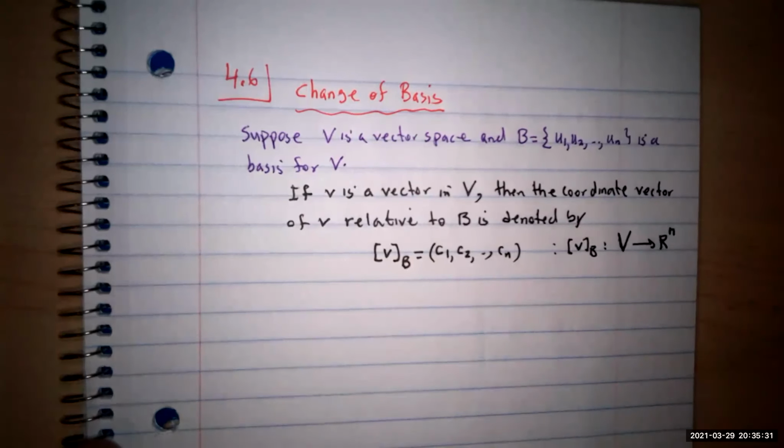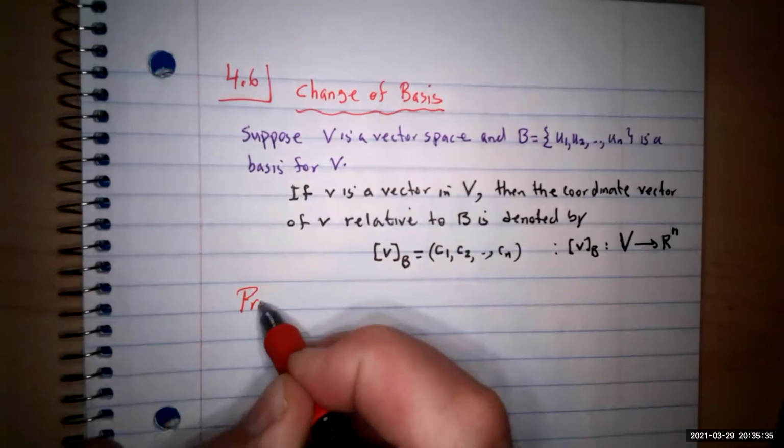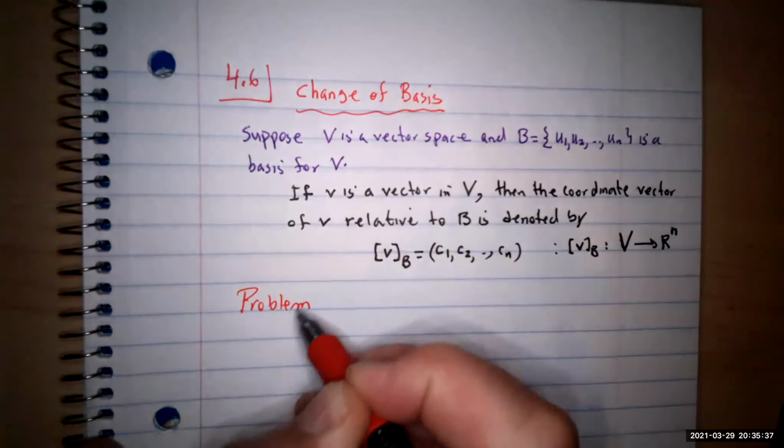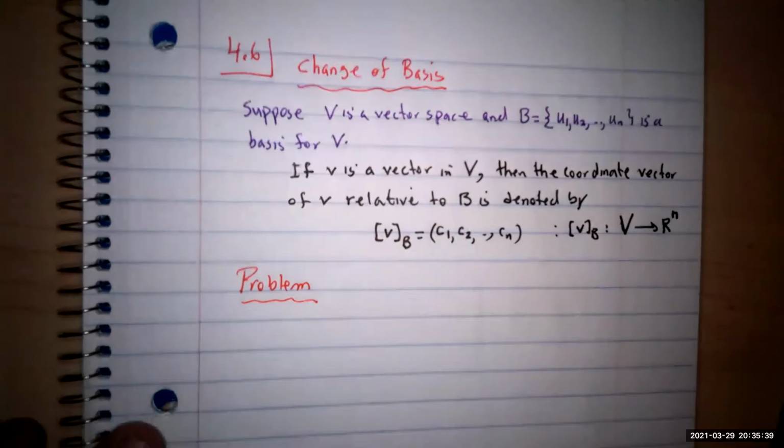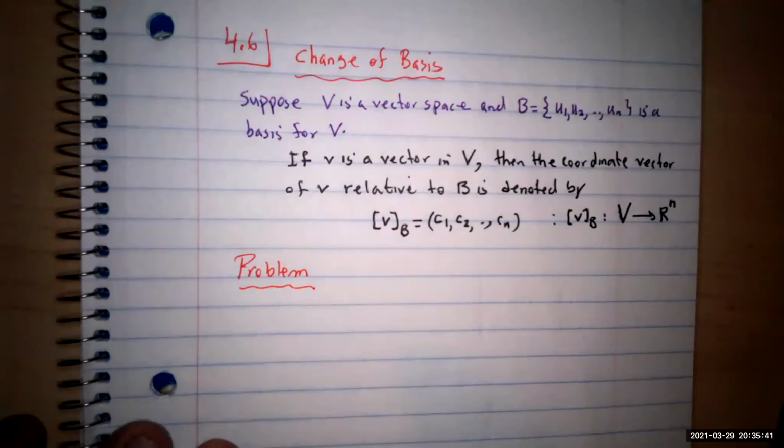So what we would like to know is, this is going to be our problem. The problem is, if you change the B into the new one, we are going to give it a name.